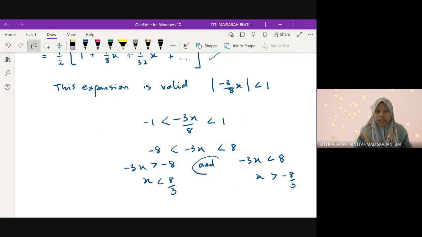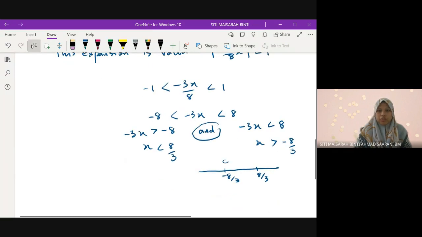So then kita buat number line. Ini this is actually chapter 2. So then we get intersection x. So our range of x is x more than negative 8 over 3, less than 8 over 3.